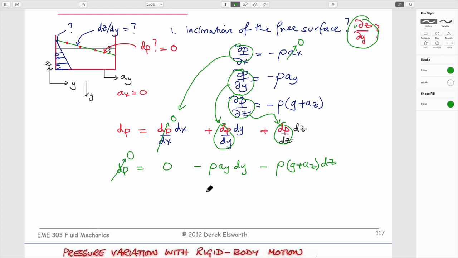And so if we put these two terms together and come up with the final solution for that, then the change in elevation as you go horizontally is going to be equal to, densities drop out, acceleration in the y direction divided by gravity plus acceleration in the z direction. And one comes to the other side, so there's a minus sign in this.